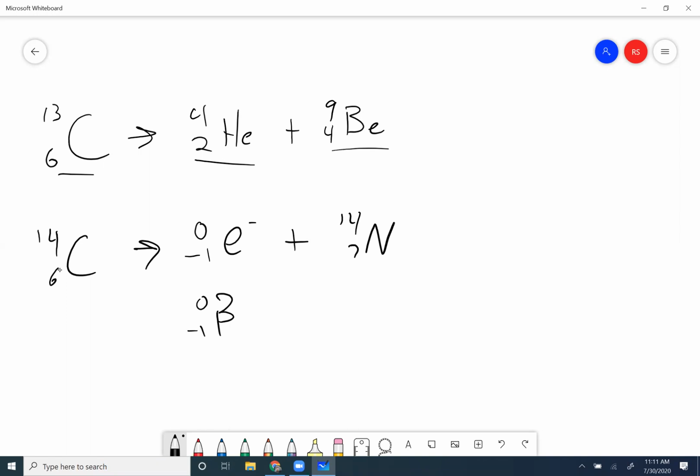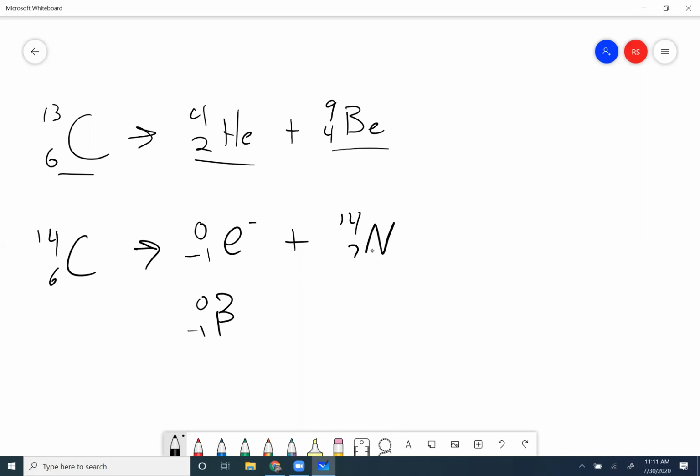In the case of our carbon-14 here, if one of the neutrons becomes a proton, you can see that our number of nucleons didn't change, but our number of protons did. One of the neutrons can become a proton, and this will spit out a high-speed electron, and that will then cause a more stable daughter nucleus.